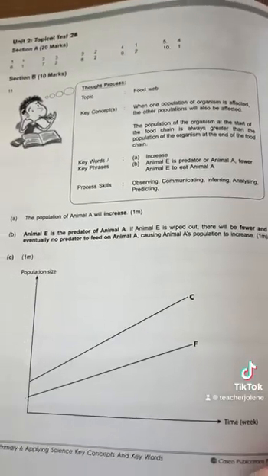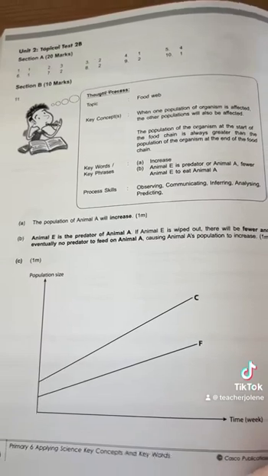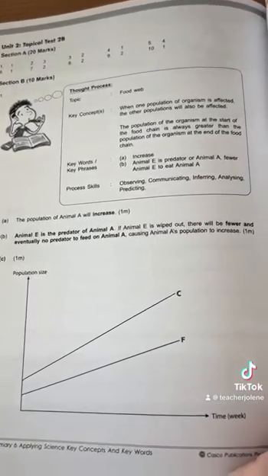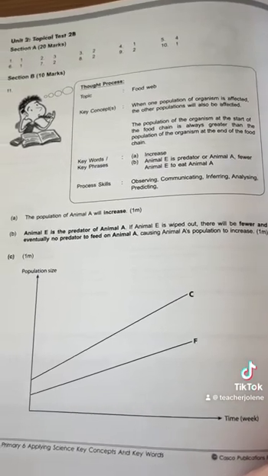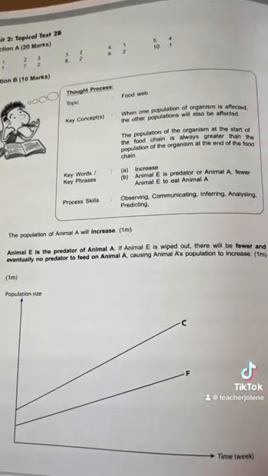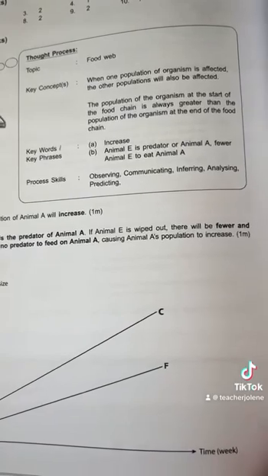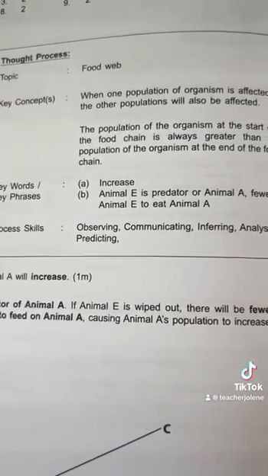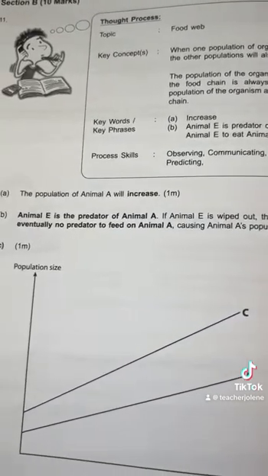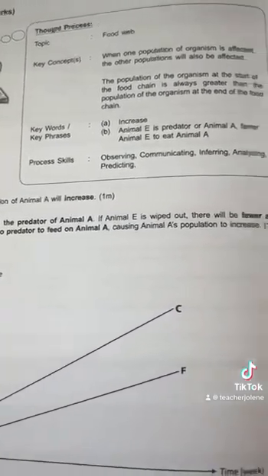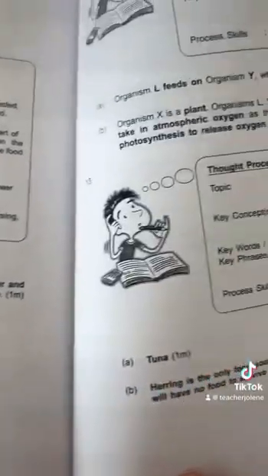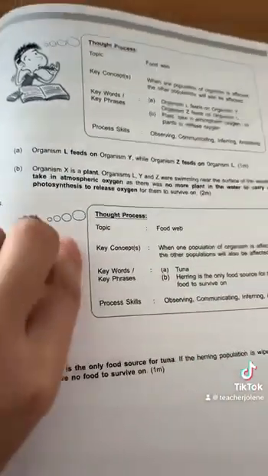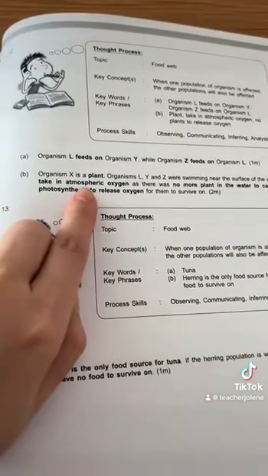The last part that I am reviewing of this assessment book is of course the answer keys. It is interesting that they have put down the thought process, very nicely written, like the key concepts and the keywords and phrases, and the answer keys are here. So far, when I flip through, there are certain keywords I feel are not necessary, like atmospheric oxygen.